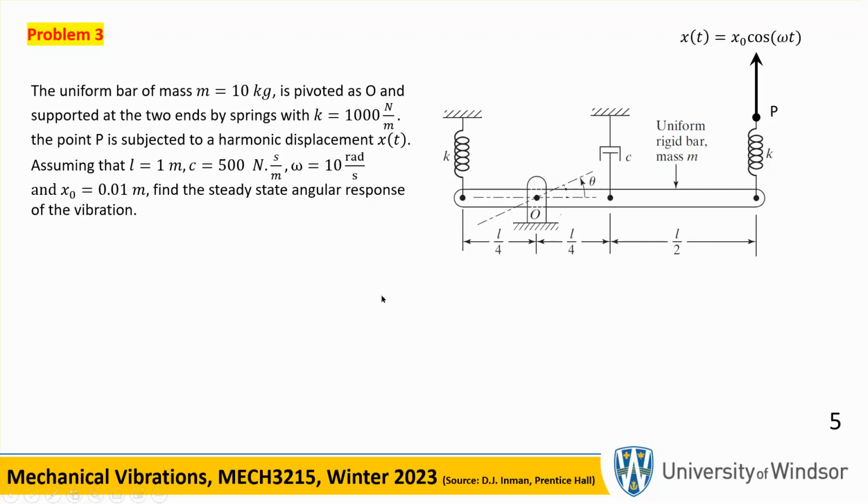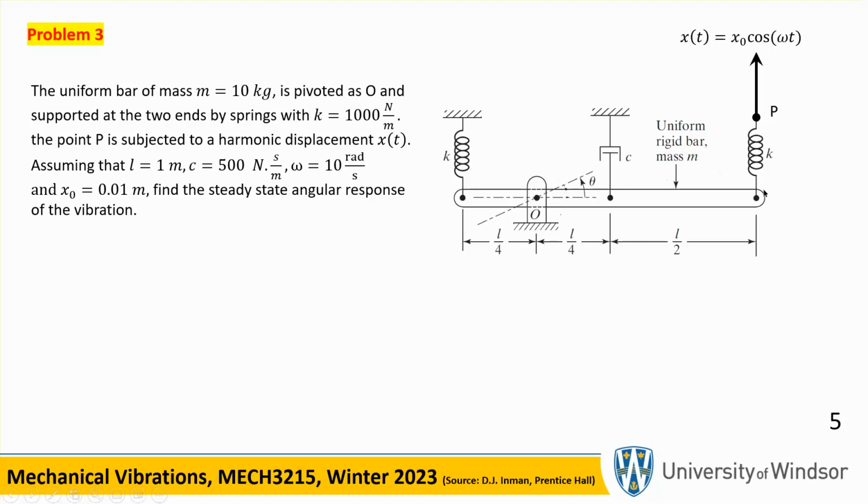Now, here's another problem. As soon as you see this, you know that you better write things in terms of theta, and you better take moments at some point about O. This is similar to the stuff that we did on the earlier test in the first 2 weeks of the course. Now we have a uniform bar.